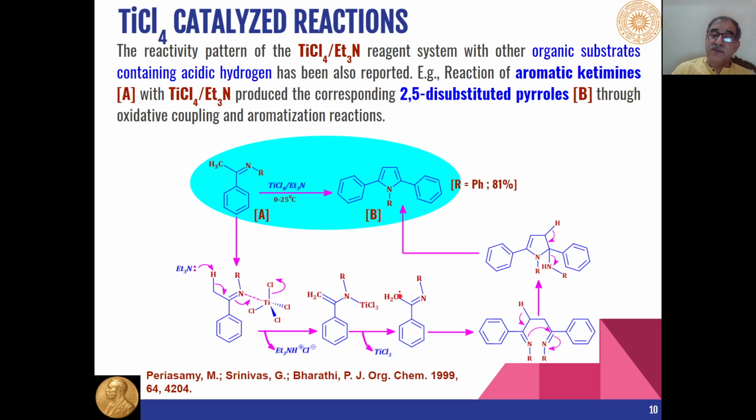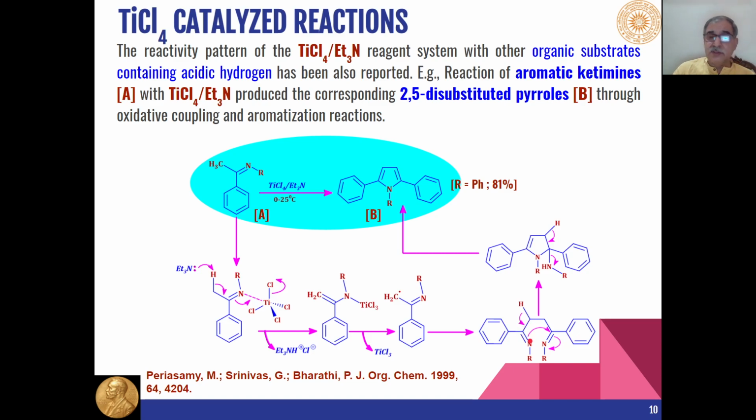Then two such free radicals will combine with each other to give us these types of carbon nitrogen double bonded compounds, which will undergo cyclization like this because these hydrogens are acidic in nature, they can be easily removed by triethylamine. So this will lead to the formation of a carbon-carbon double bond.